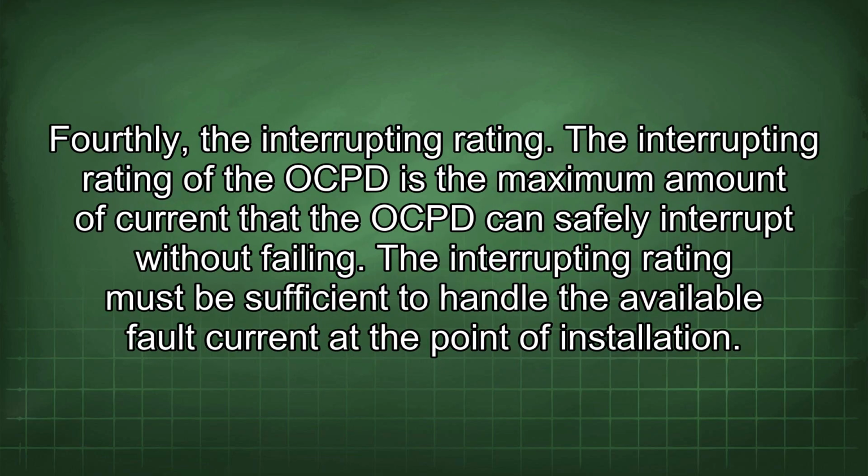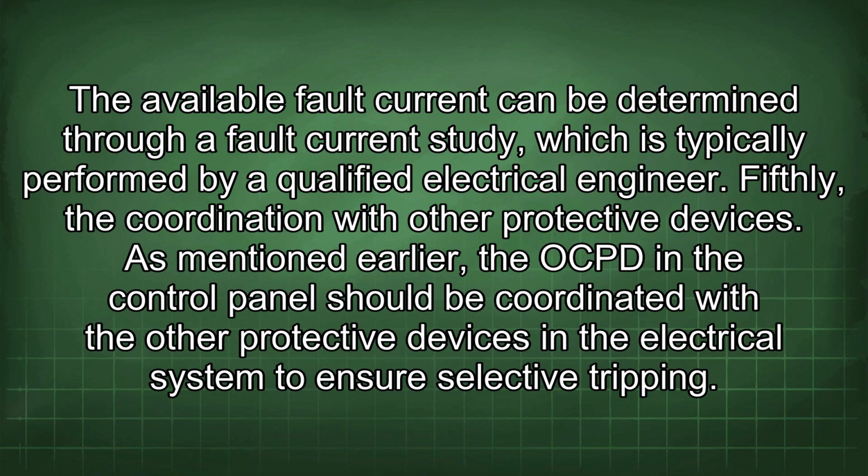Fourthly, the interrupting rating. The interrupting rating of the OCPD is the maximum amount of current that the OCPD can safely interrupt without failing. The interrupting rating must be sufficient to handle the available fault current at the point of installation. The available fault current can be determined through a fault current study, which is typically performed by a qualified electrical engineer.